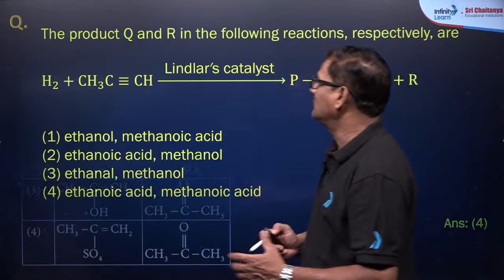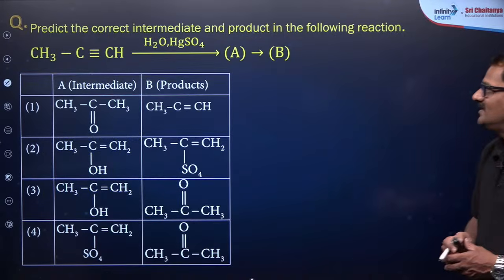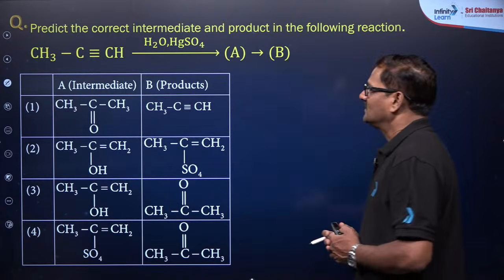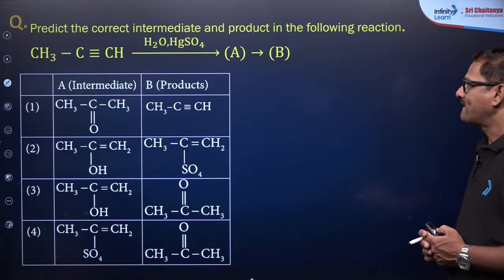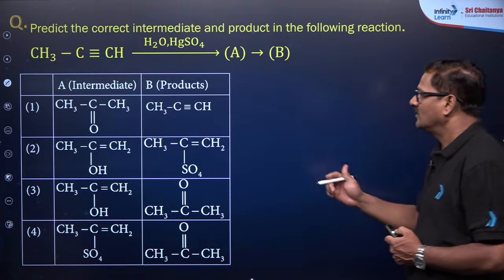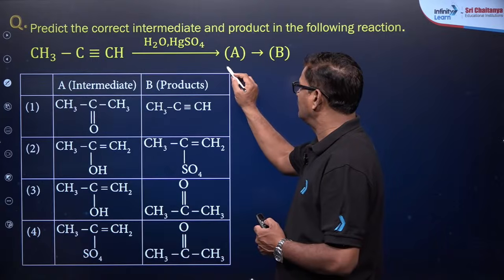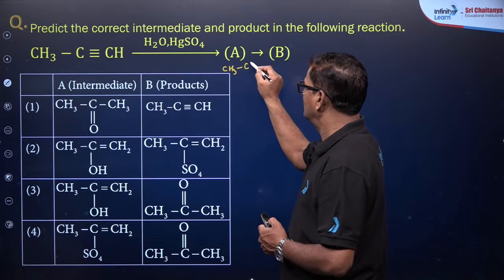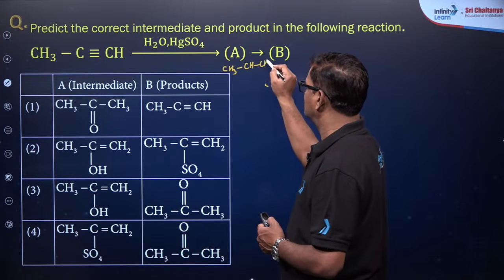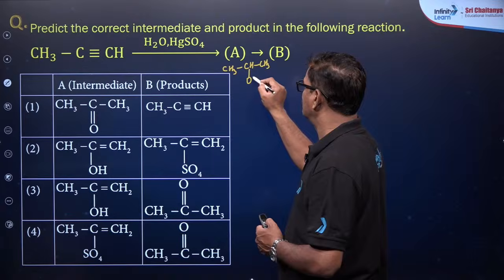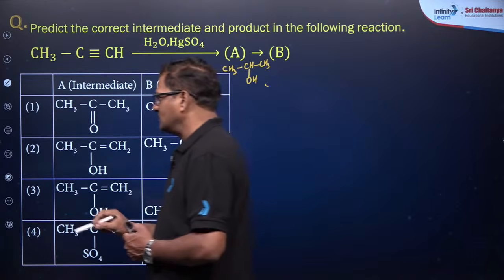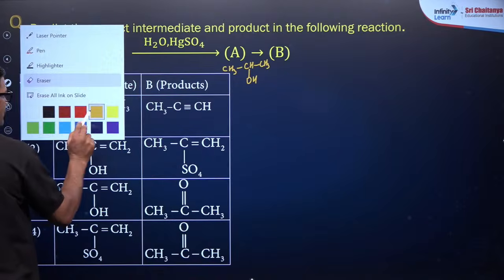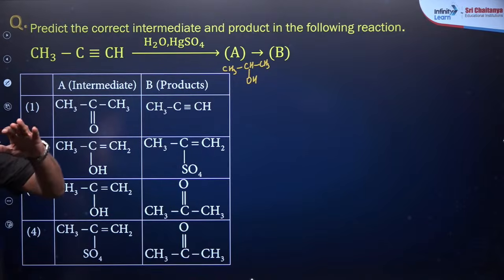Wonderful. One more question. Here H2O, HgSO4. A is going to be CH3, CH3 and OH, and this one is hydration of alkyne.